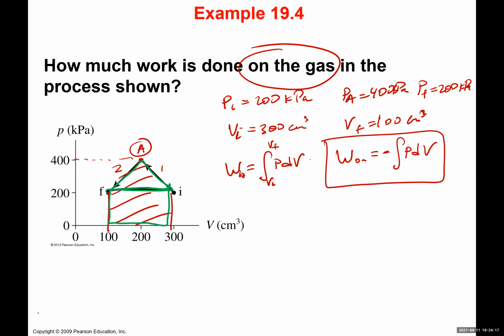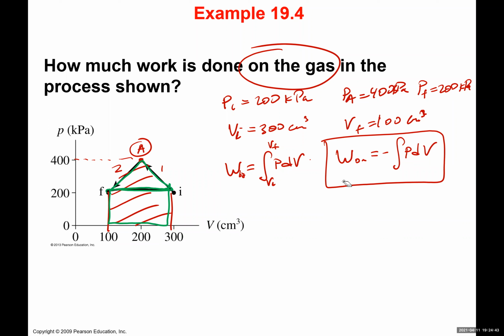When the work is done by the gas, the gas pushes the piston and it expands. So when work is done on the gas, your volume decreases but the work done on the gas is positive, and that negative basically represents that.